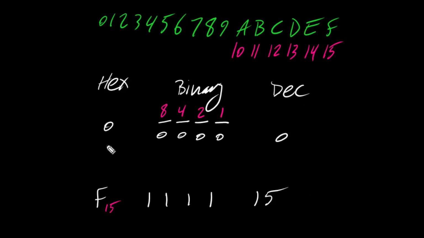Now let's take hexadecimal 6. Which ones do we have to turn on? 4 and 2, right? 0, 1, 1, 0. Decimal is 6. Let's take another, D, for example. D is 13, so in order to get 13, which ones do we have to turn on? 8 plus 4 is 12, plus 1 is 13.